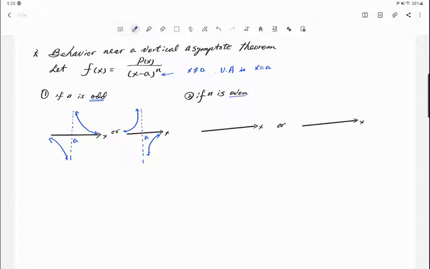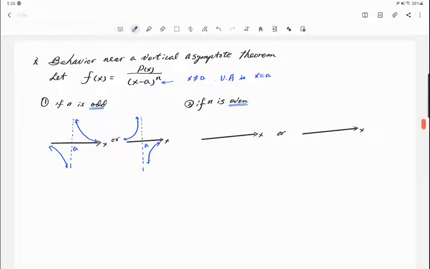If n is even, then what? When you square a positive number or a negative number, the result is always positive, right? So if the vertical asymptote is a, then both graphs are above the line, or if you negate it, then both graphs are below the line like this.